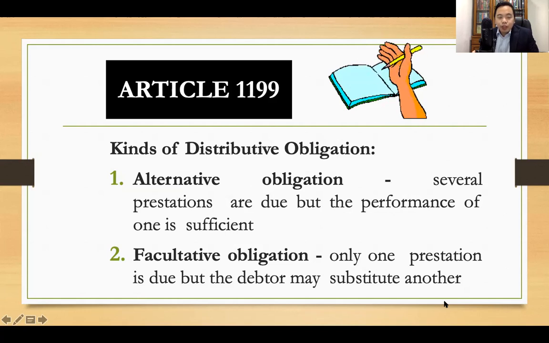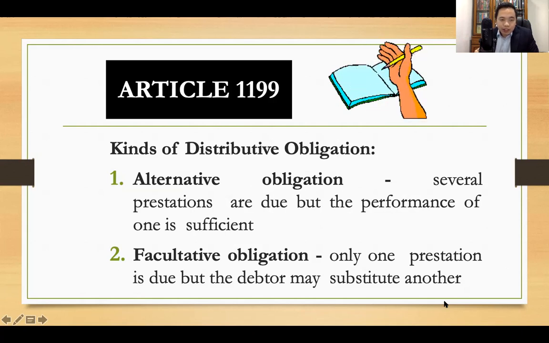When you say alternative obligation, this refers to several prestations which are due, but the obligor is to perform one of the choices or the alternates. On the other hand, a facultative obligation is one where only one of the prestations is due, but the debtor may substitute another.